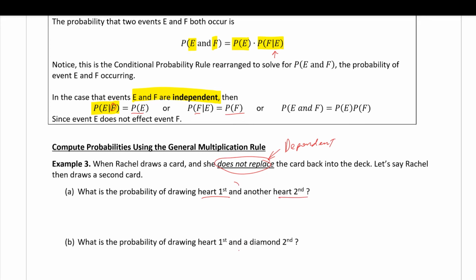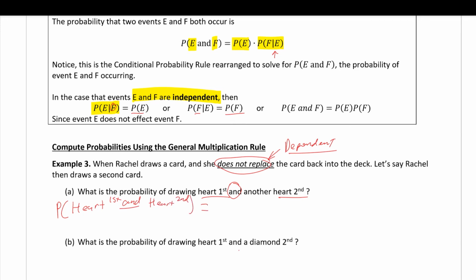Again, this is an and probability, and these are dependent events. So we have to use the general multiplication rule, and it goes like this: the probability of a heart first and a heart second.